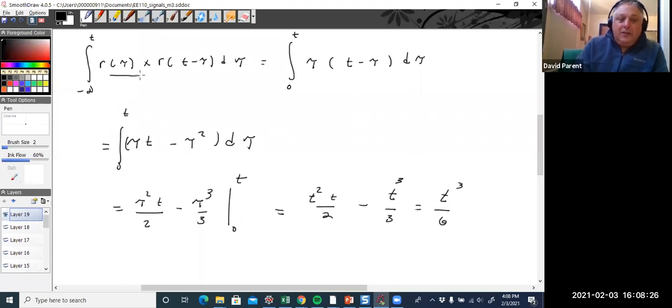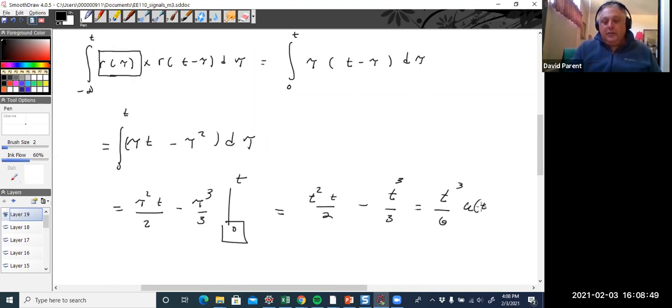However, this original ramp kept it 0 due to that step function that it's made of. And since we got rid of the step function by putting a limit of 0 here, I have to put the u(t) back.